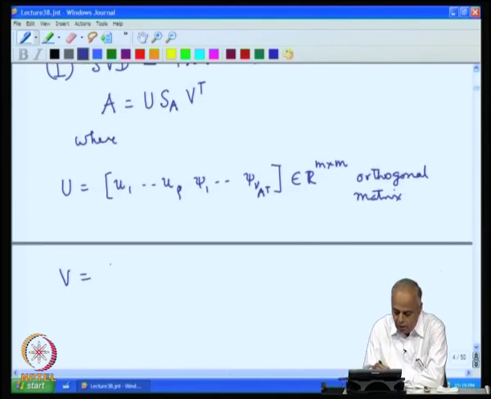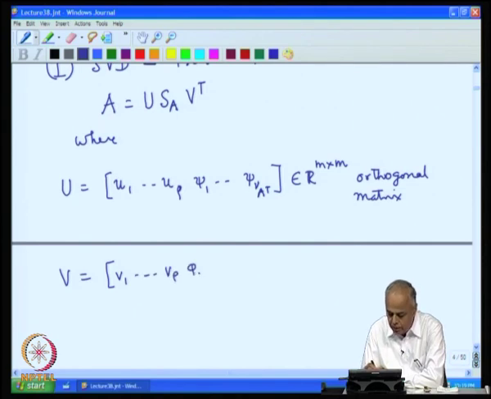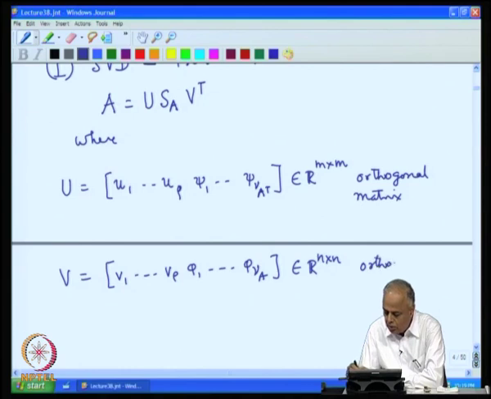Similarly, V was chosen whose columns were the basis for the R^n space that we chose, and therefore, this is an n by n matrix, and this is also an orthogonal matrix.